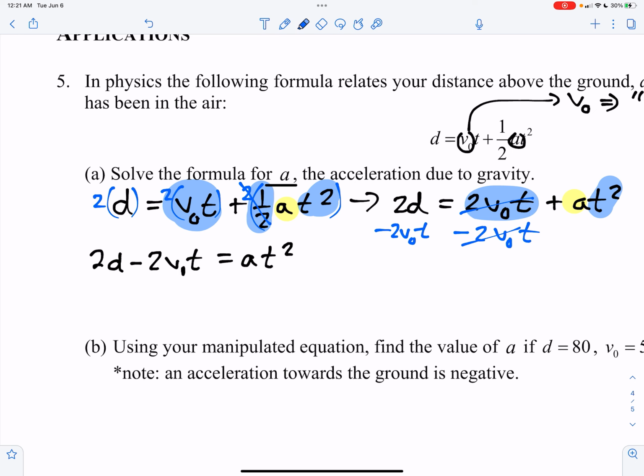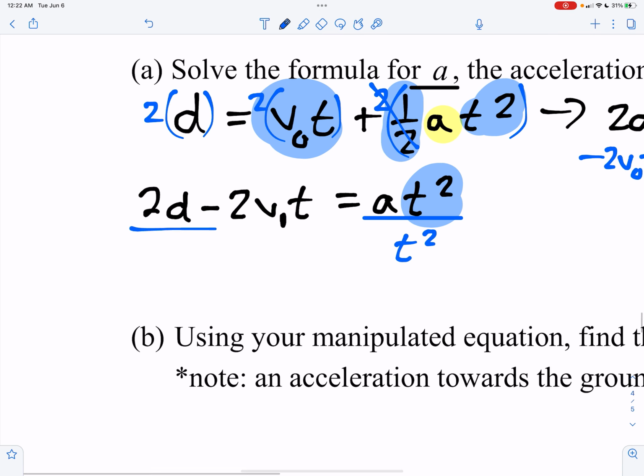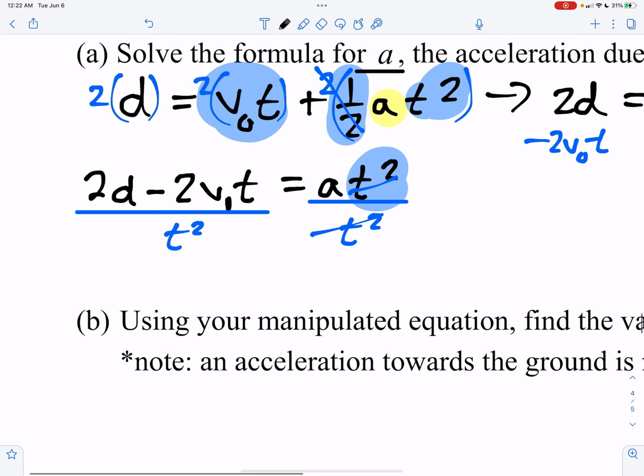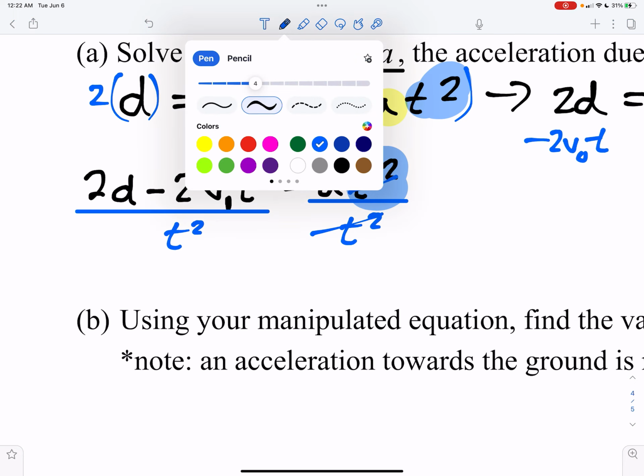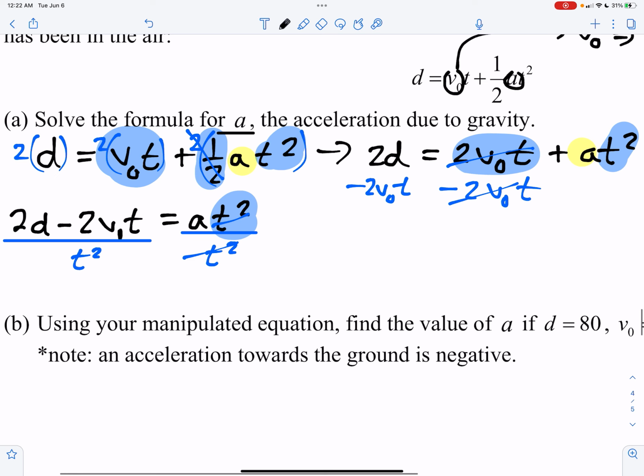And now in our final step here, we're trying to get rid of T squared. Well, T squared is being multiplied times A. So the opposite of multiplying would be to divide by T squared. You can see it cancels here. And there's our result.